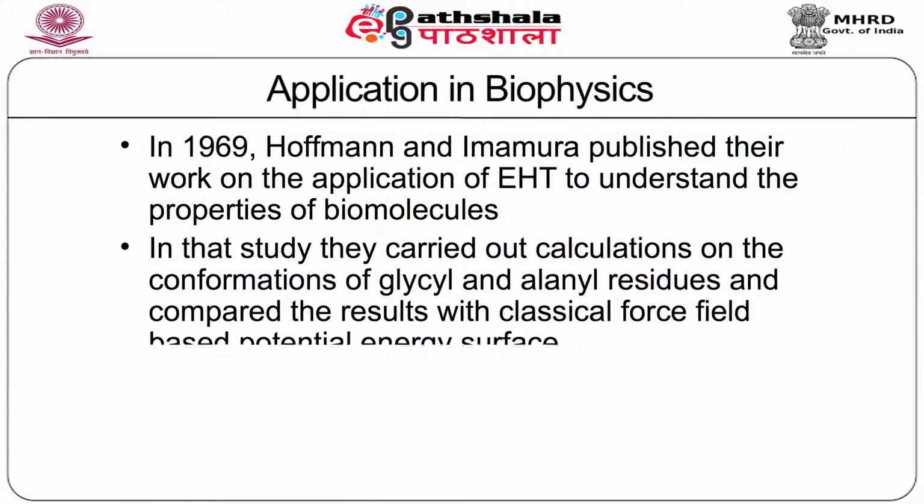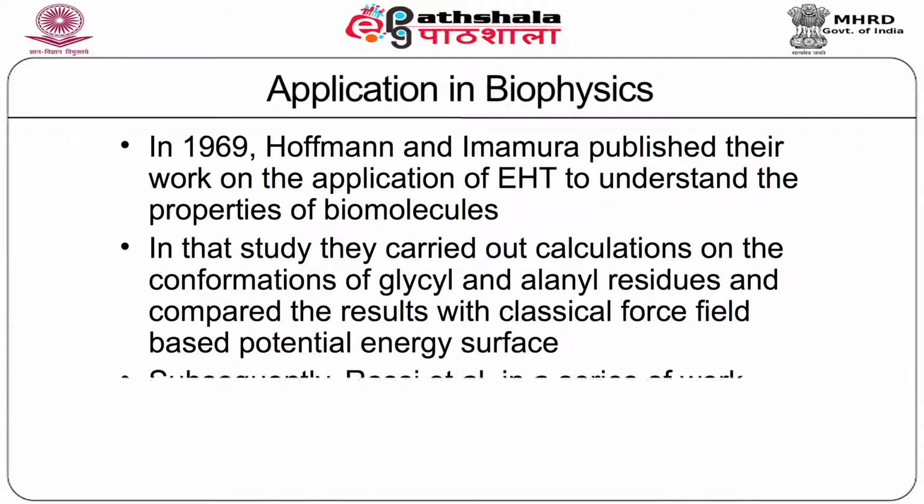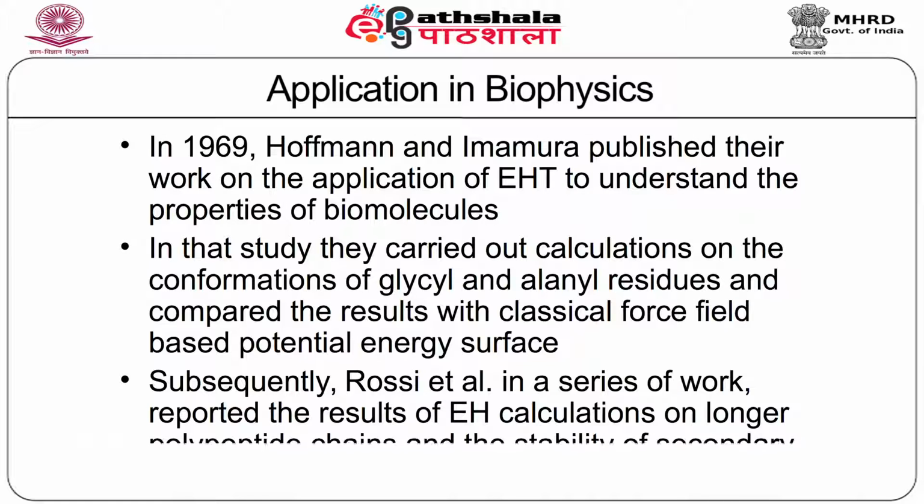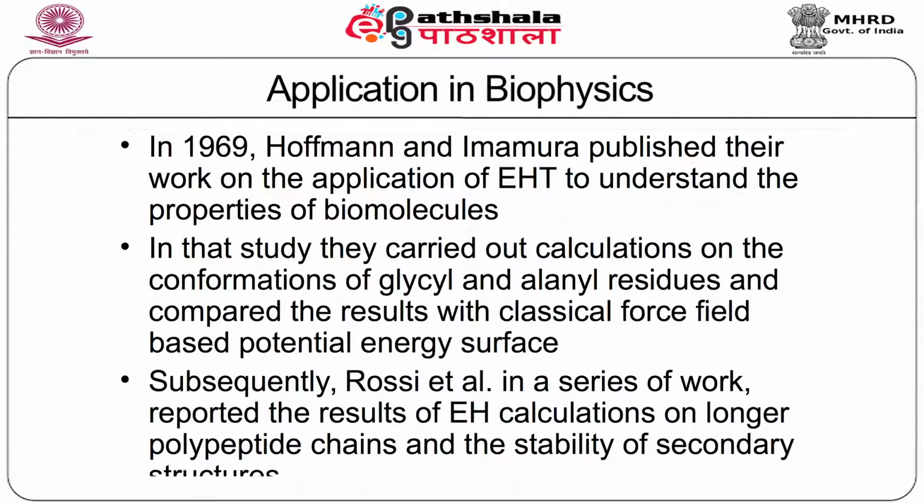In that study, they carried out calculations on the conformations of glycyl and alanyl residues and compared the results with classical force field based potential energy surfaces. Subsequently, Rossi et al. in a series of work reported the results of extended Huckel calculations on longer polypeptide chains and the stability of secondary structures.